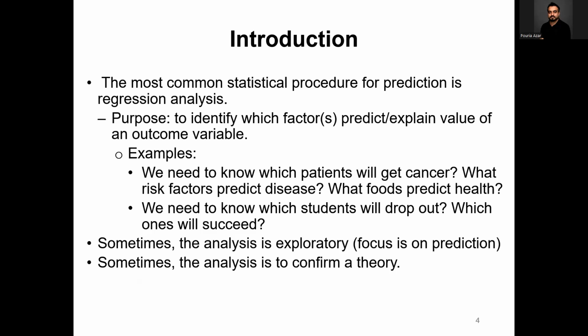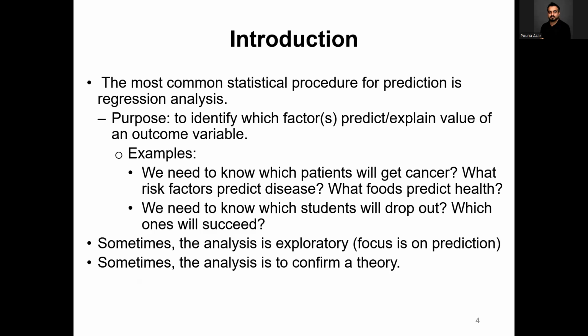As I said, the purpose and the goal is to predict and explain the value of one variable from another variable. For example, we need to know which patients will get cancer. So we are predicting here. We are predicting which patients will get cancer or what risk factors predict a specific disease.